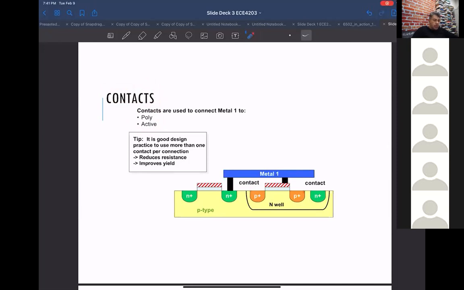One thing about contacts is that contact resistance is relatively high.